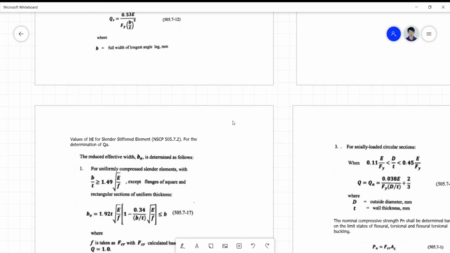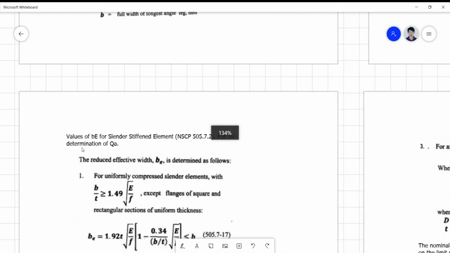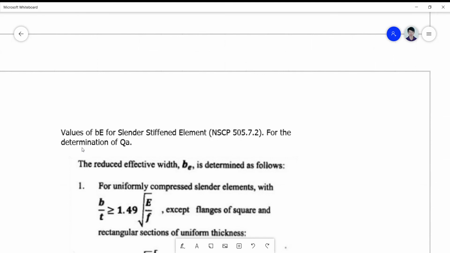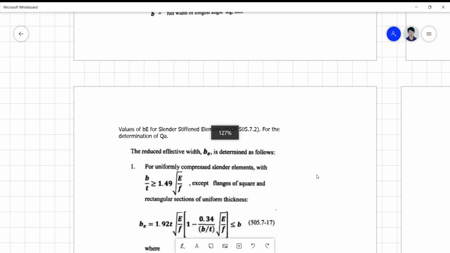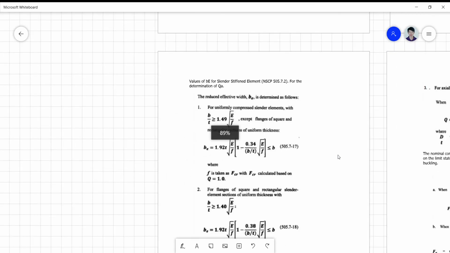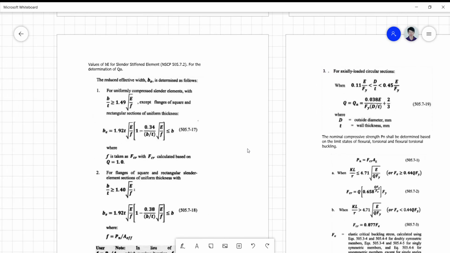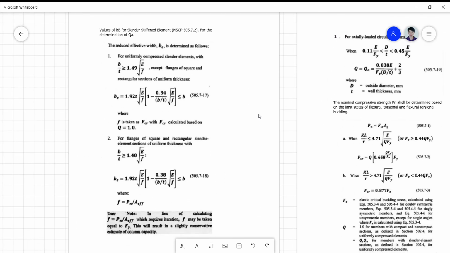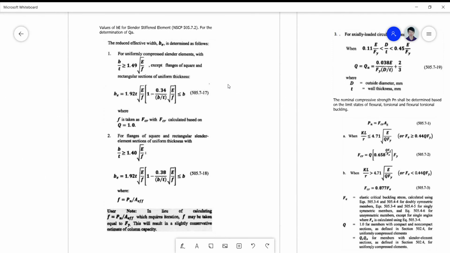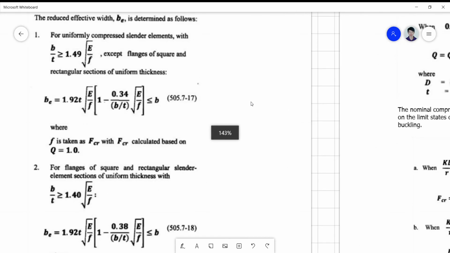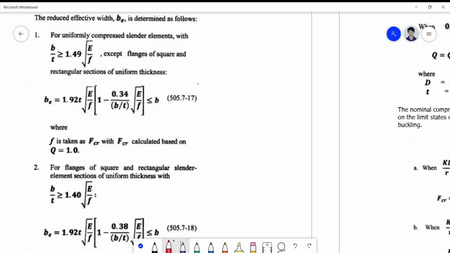Okay, for the values of effective width, be, for slender stiffened elements, which are used to determine the value of your Qa, the formulas are actually enumerated here. We have actually 3 cases again. We have the uniformly compressed slender elements for rectangular sections of uniform thickness.